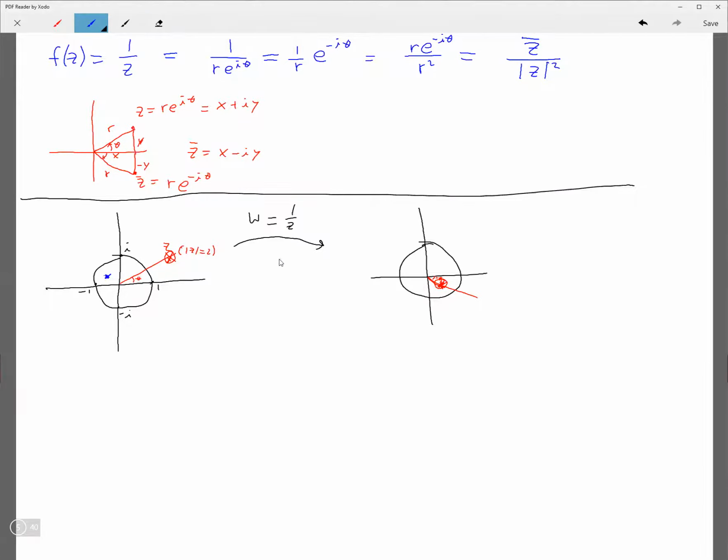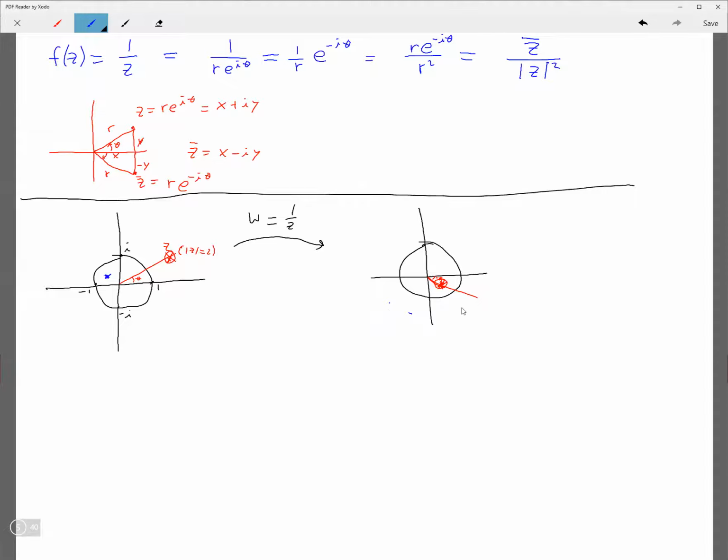No, you don't divide by 1/2. You take the reciprocal, because this is 1 over, right? So if the magnitude is 1/2, then what's it going to be over here? 2. It's going to be 2. So it's going to be out here in this outer thing, and then which quadrant is it going to be in over here?